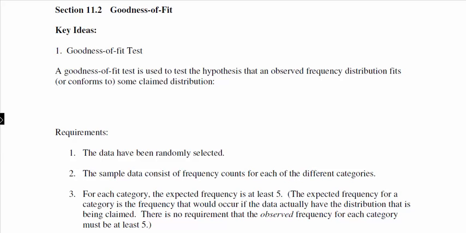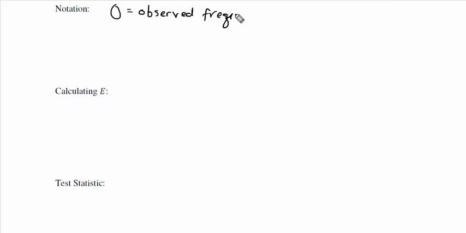Now, the next little part here just gives some of the notation. So let me go through some of the notation, and then we'll get through a couple of examples of actually calculating some things. So again, to review, O is the observed frequencies. Oh no, I think I spelled that incorrectly. Let's see.